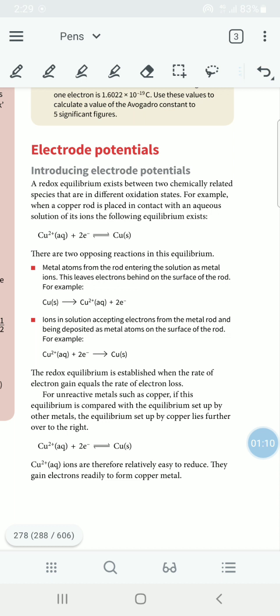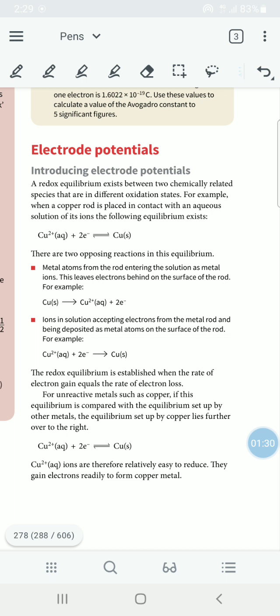What are they? Copper ions gaining 2 electrons to become copper, and copper losing electrons to become copper ions. So those two equations are taking place at the same time, right?